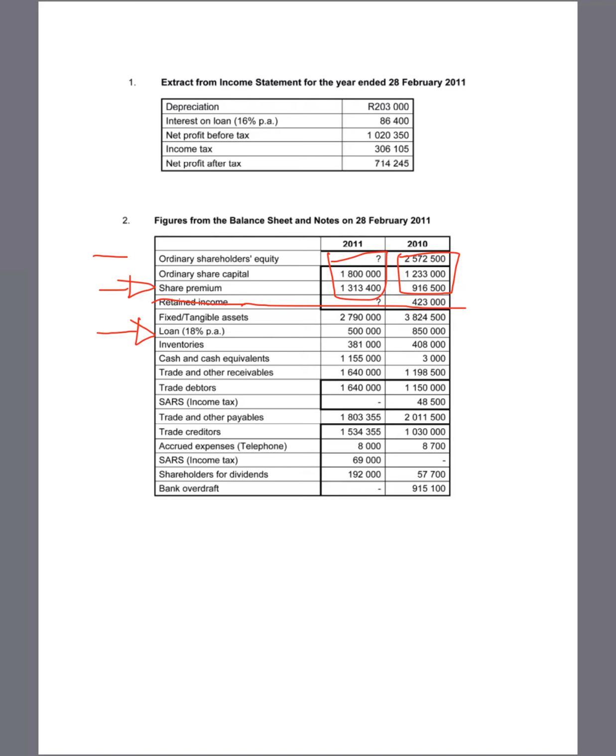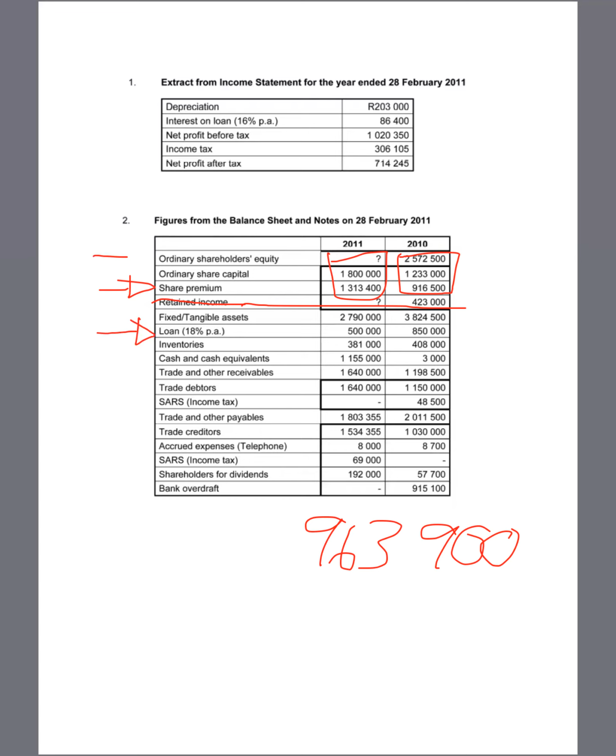So what was the amount there? It was 963,900. No brackets, right? Yes, there's no bracket. Now let's look at our loan. So our loan went from 850 to 500.